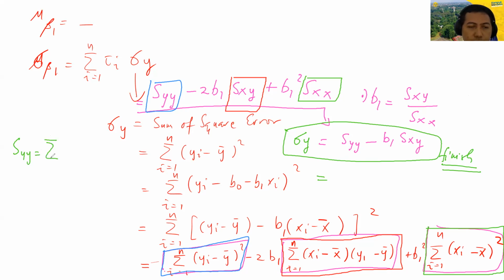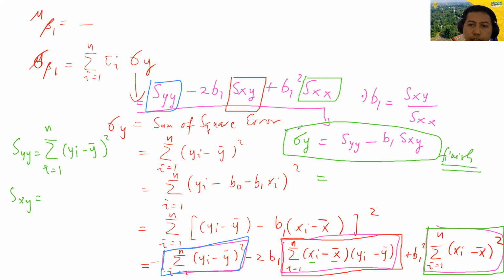Actually, we can draw from the data. You can see here, this is the average of the data y, and this is the data from x minus its average, and this is y minus its average.